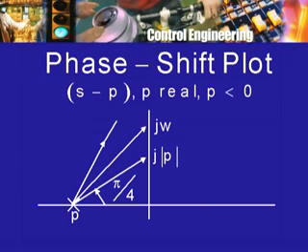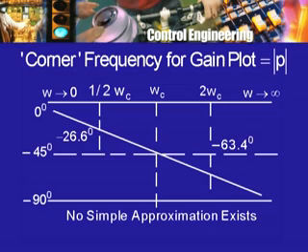So, we get an angle which is tan inverse of 1/2, and you can look it up on your calculator or from the trigonometric table, and you will find out that the angle is about minus 26.6 degrees. So, that is going to be the phase shift, half an octave below the corner frequency, that is half omega c. The phase shift at a frequency or angular velocity which is half the corner frequency is minus 26.6 degrees.